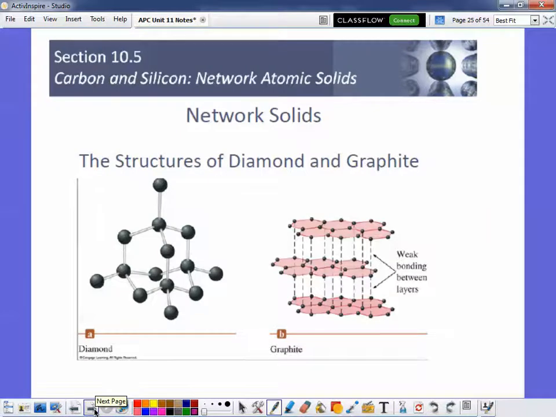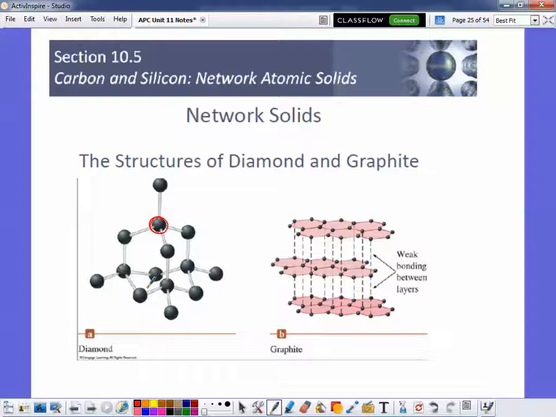All right, here is carbon. We have a diamond and we have graphite. So a diamond, remember, that's a three-dimensional structure. Look at one of those carbon atoms in that diamond. For example, this one right here. How many carbons is that carbon atom attached to? 4.